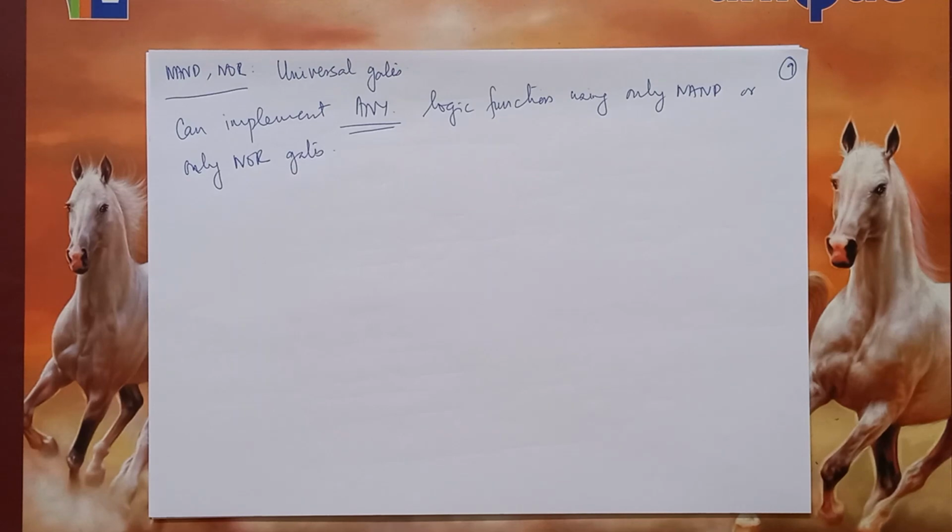We saw their truth tables, their gate symbols and the equations. Thereafter, we introduced NAND and NOR gates, which are essentially the complement of AND and OR gates respectively. And we are claiming that NAND and NOR are universal gates. That means we can implement any logic function using only NAND or only NOR gates. We are going to prove this in the upcoming lecture. Thank you.